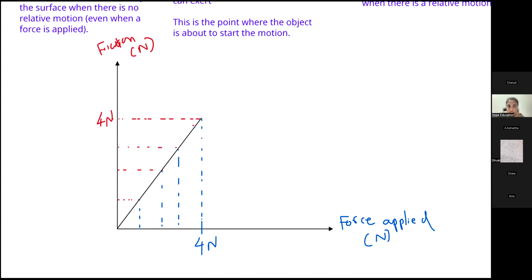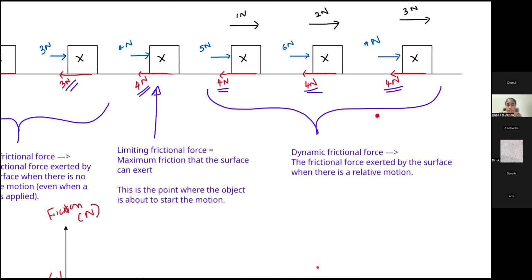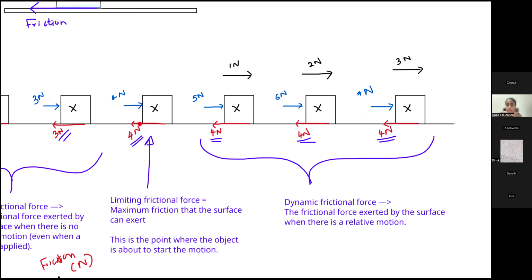මේ limiting frictional force එකට ගියාට පස්සේ චුට්ටක් friction එක අඩු වෙනවා. චුට්ටක් friction එක අඩු වෙලා A level එකේ තමයි constant තියෙන්නේ. So according to what we learned here, limiting frictional force එක 4 newtons නේ. එතනින් එහාට දිගටම අනිත් surface එක apply කරන්නේ 4 newton, 4 newton, 4 newtons, right?